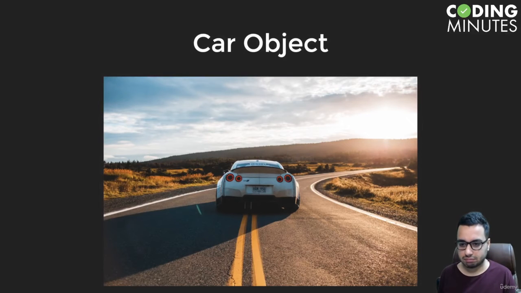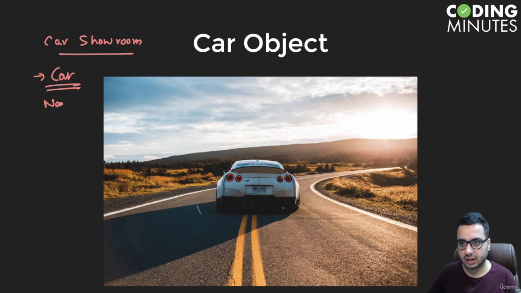Now let us take another example, let's say a car object. Maybe you want to build software for a car shop or a car showroom, and that would have details about the car. You might define a car class that has the name of the car, the color, the model, the year of manufacturing, and so on.